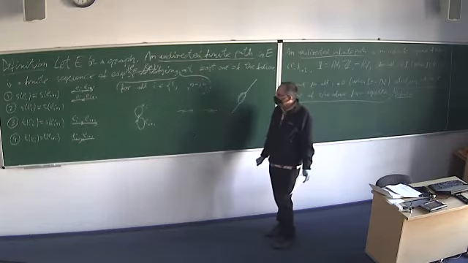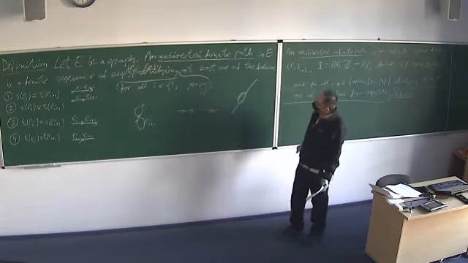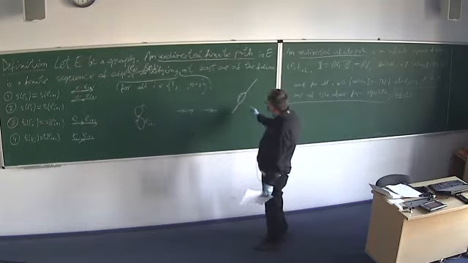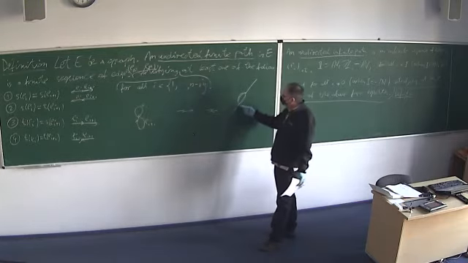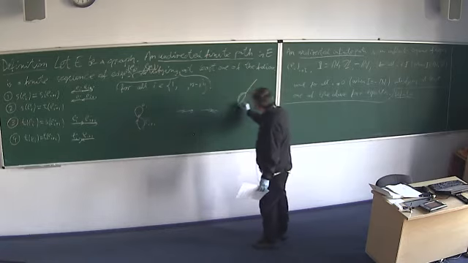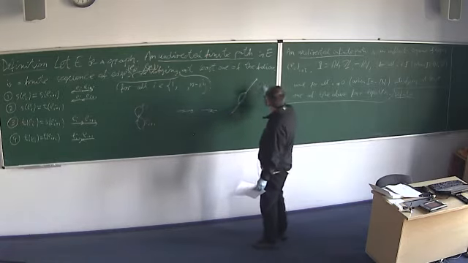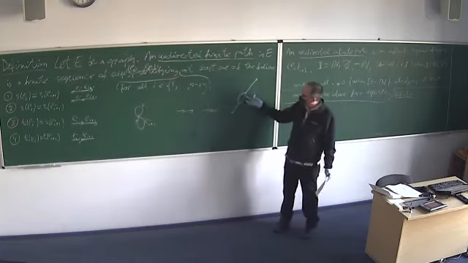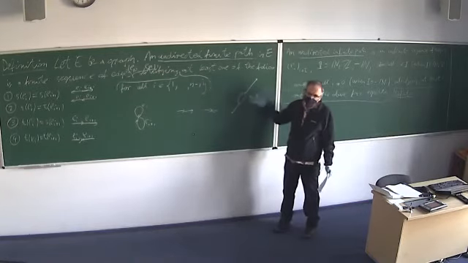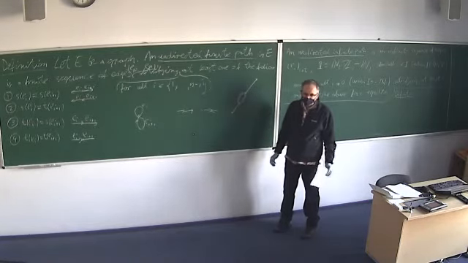Also, people often consider graphs such that between any 2 distinct vertices, here I have 1, 2, 3, 4 vertices, you have only 1 edge. Sometimes that is also important.